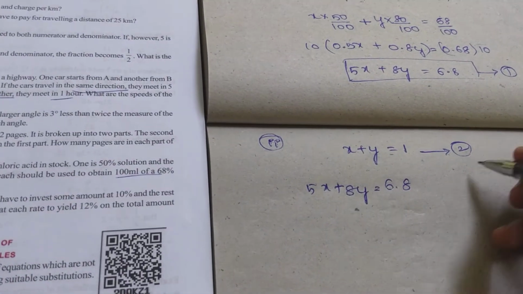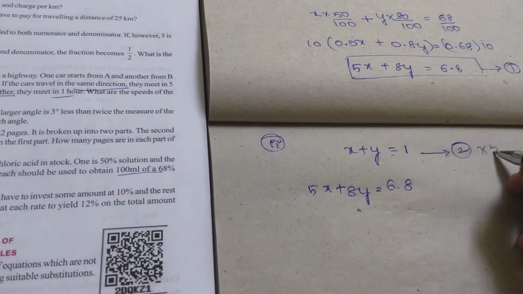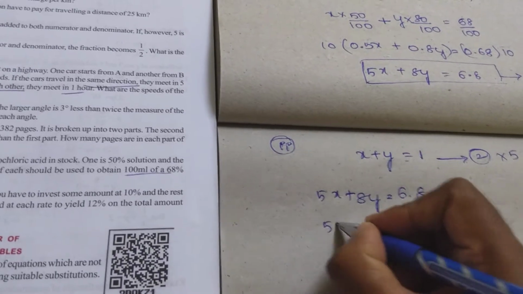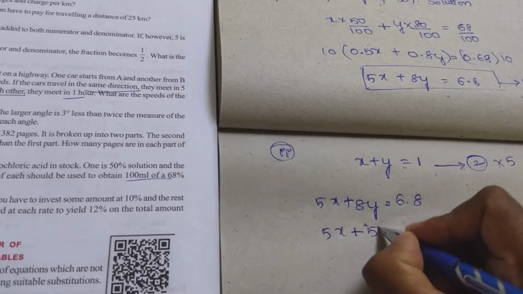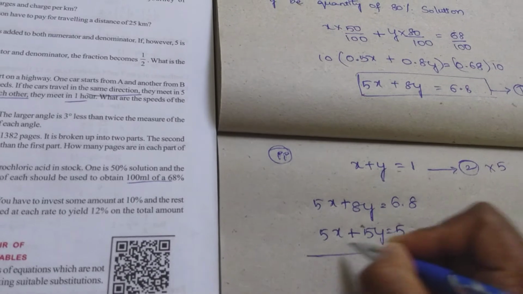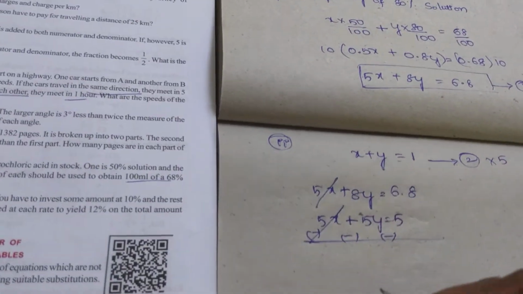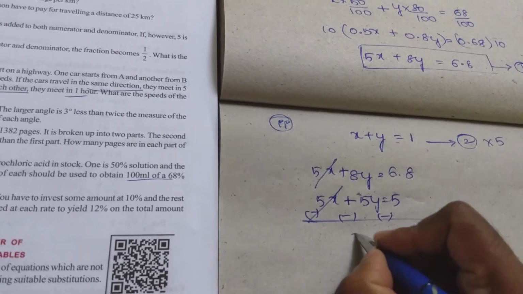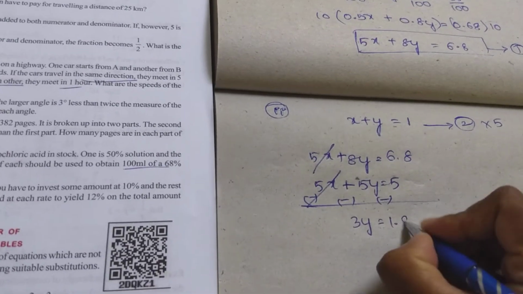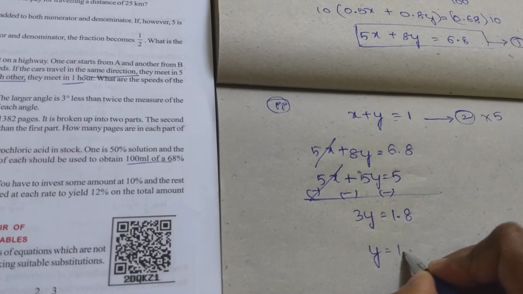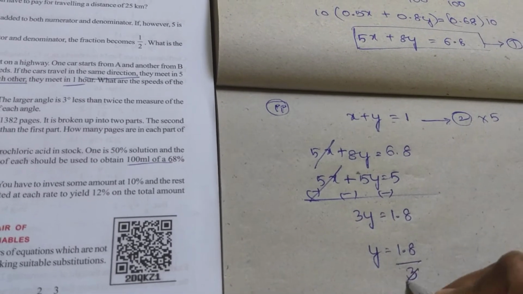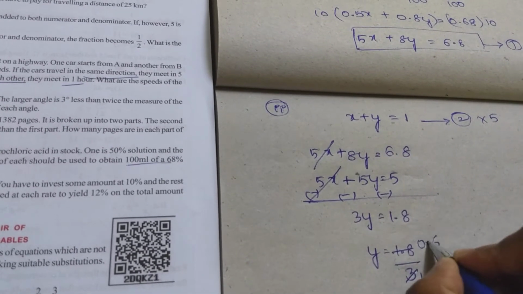So that's why I am multiplying equation 2 with 5. What do you get? 5x plus 5y equals 5. Let us do subtraction. 5x and 5x will be cancelled off. 8 minus 5 will become 3y equals 1.8. Y equals what? 1.8 by 3, 0.6.